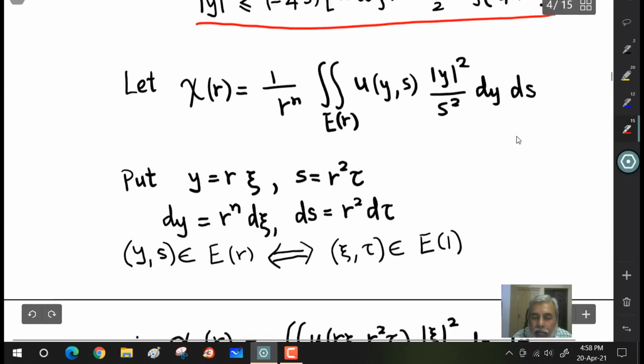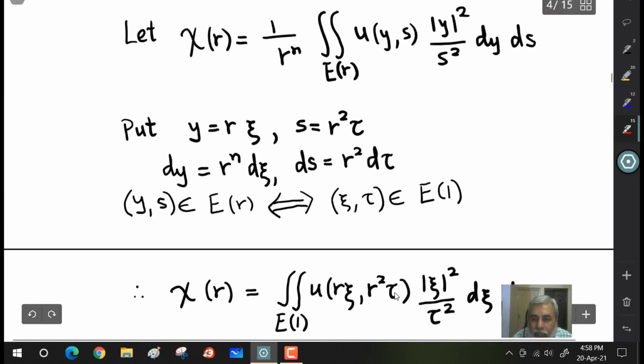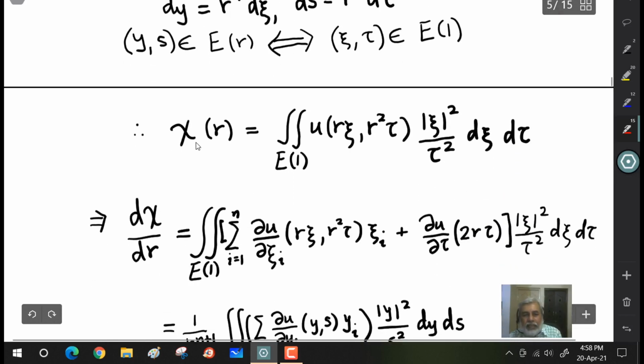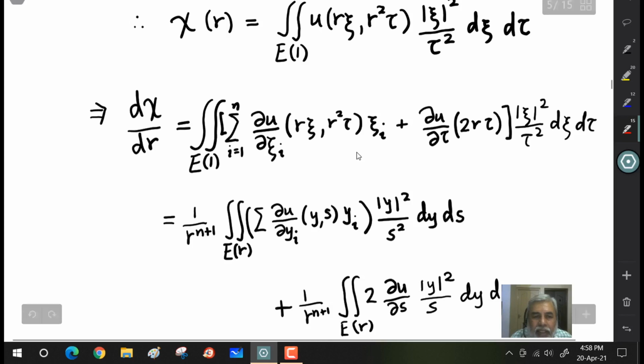We'll be going back and forth with this change of variables a couple of times, and now we can easily differentiate chi with respect to r, because r appears only in the integrand, so we can apply differentiation under the integral sign, and so we get this d chi by dr.